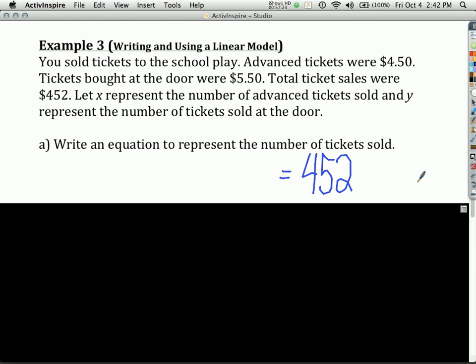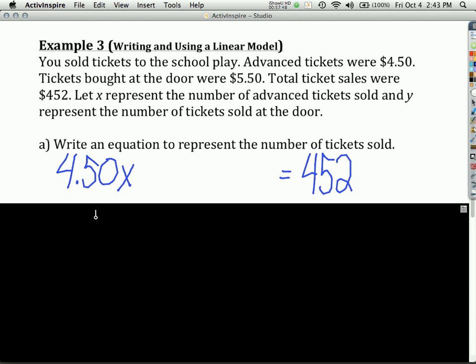It's 4.50 times x. Good. 4.50x. You could put the 0 if you want. And her explanation was great. This is the number of tickets, this is the price per ticket. Altogether, that's how much money we get from advance tickets.